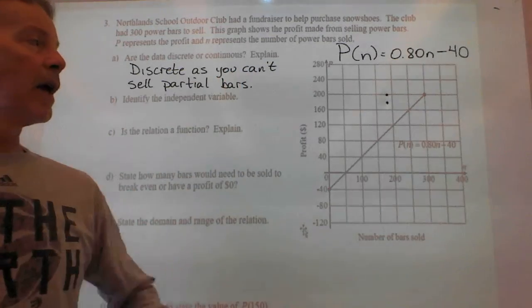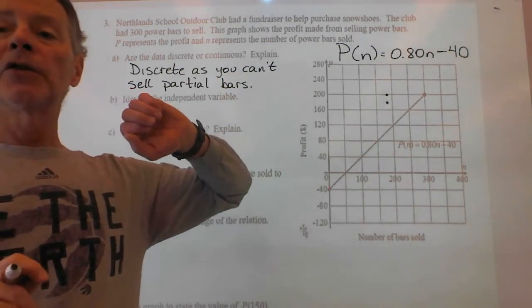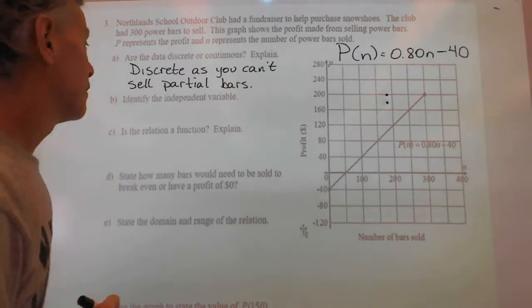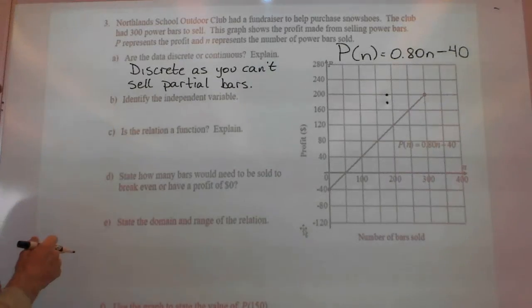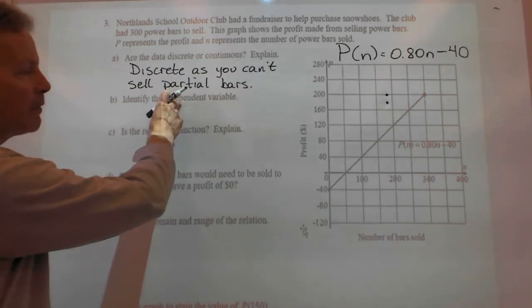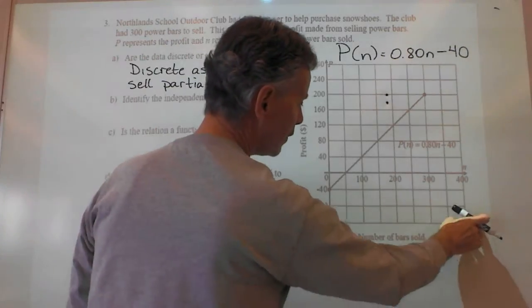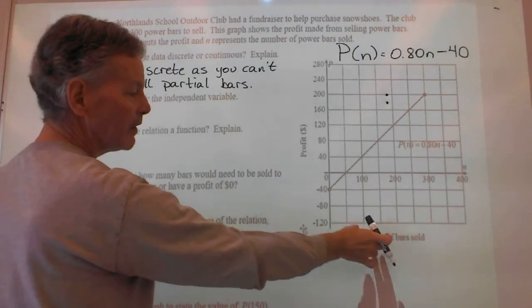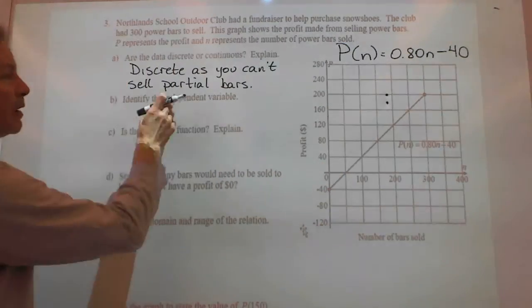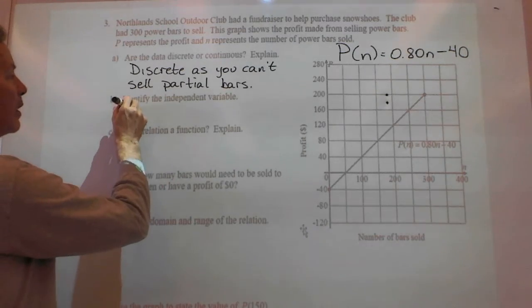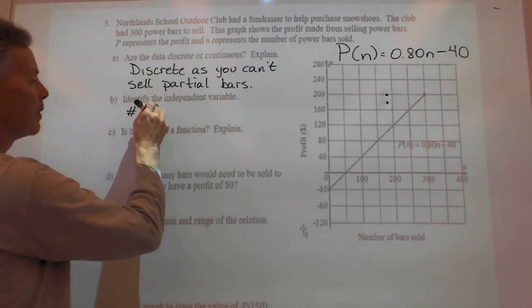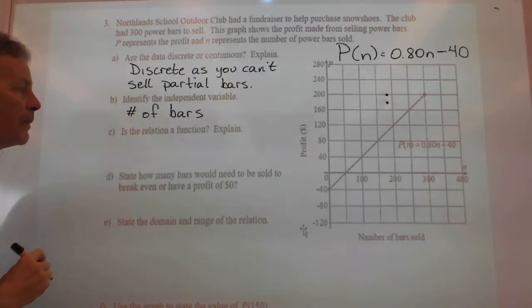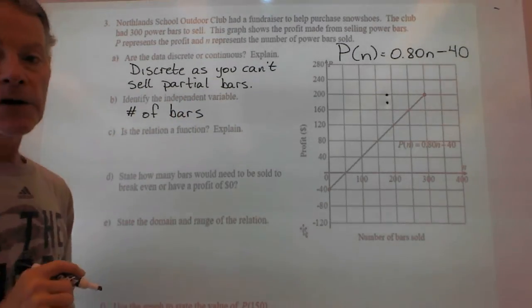And I would say that whoever made this question should be slapped on the wrist. Identify the independent variable. Remember, the independent variable is always your x. Okay? So if you have a graph, it's easy. The independent variable is number of chocolate bars. Is the relation a function?